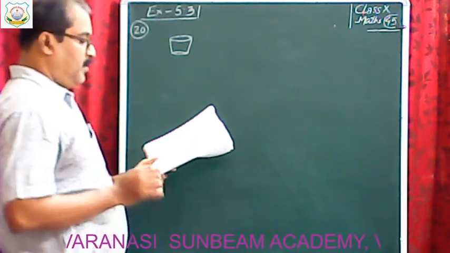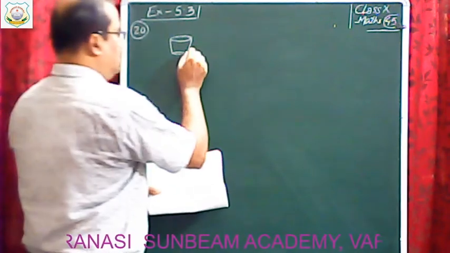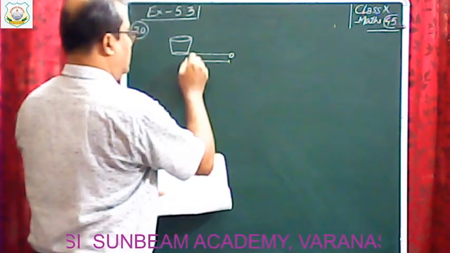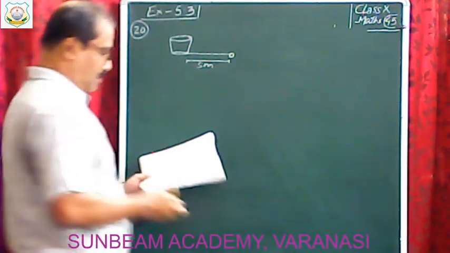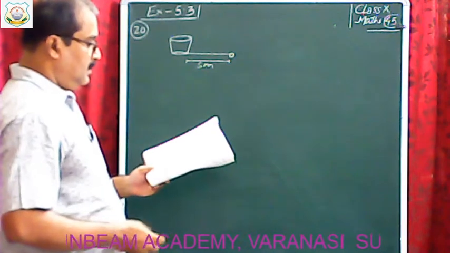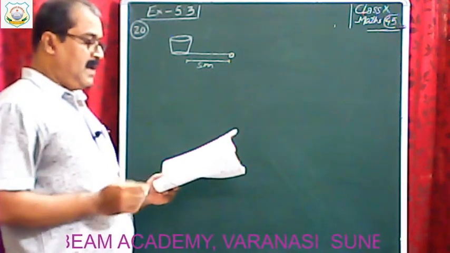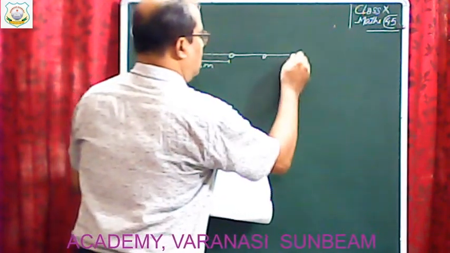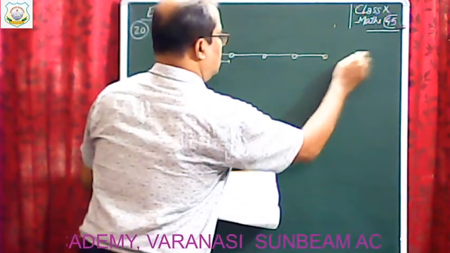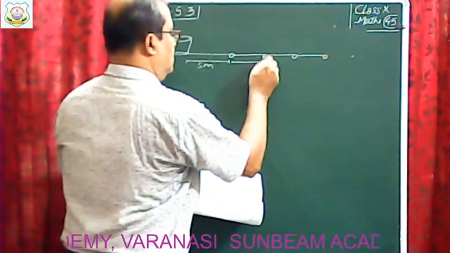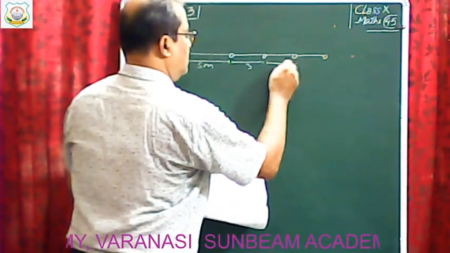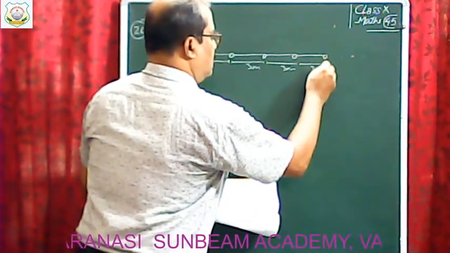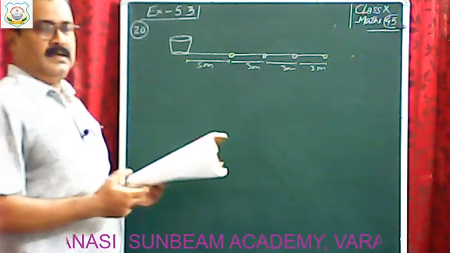The first potato is 5 meters away from the bucket, and thereafter the other potatoes are placed 3 meters apart in a straight line. In this way, 10 potatoes are in the same straight line.